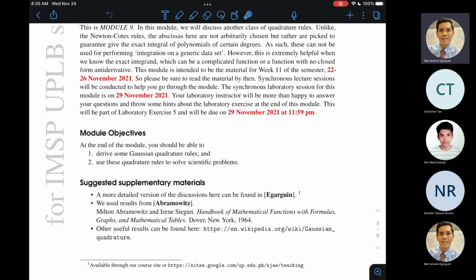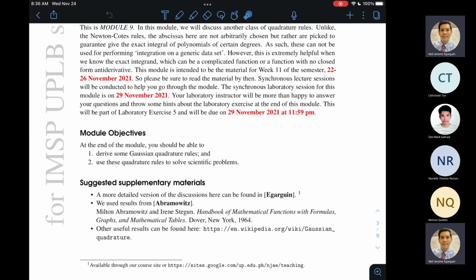Pero when I came across this reference, meron siyang magandang description ng mga weights at saka abscissas. Makikita niyo mamaya kung paano kino-compute yung mga weights and abscissas. And then next time on Friday, we're gonna see paano siya na-generalize ni Stegun at saka ni Abramowitz.